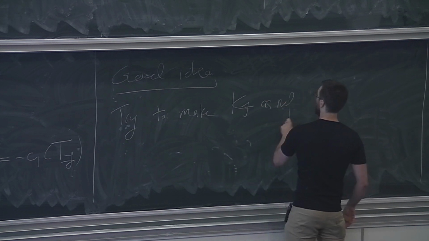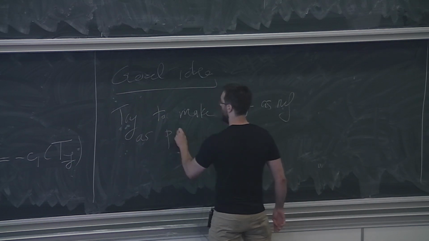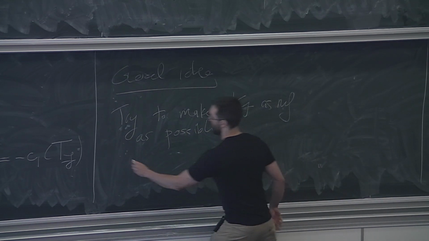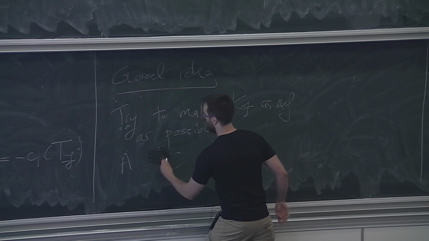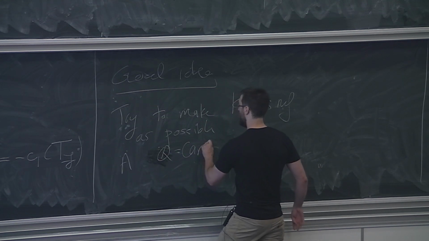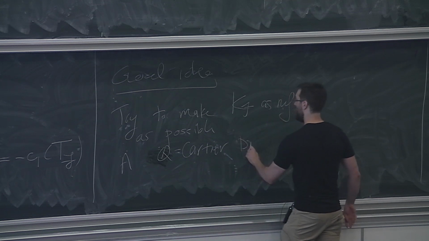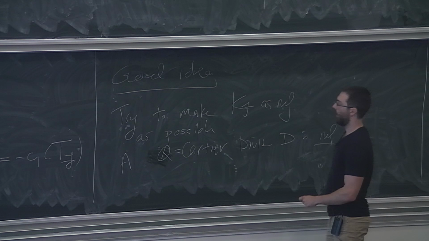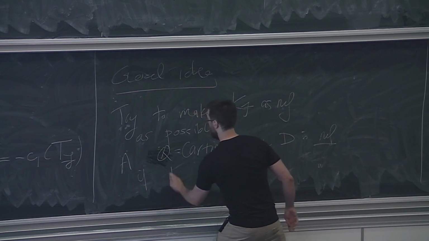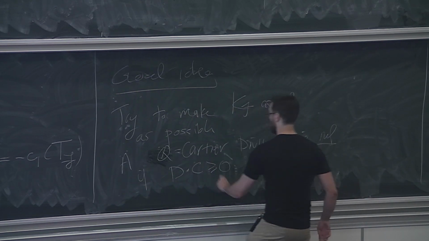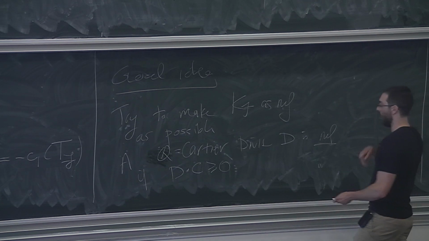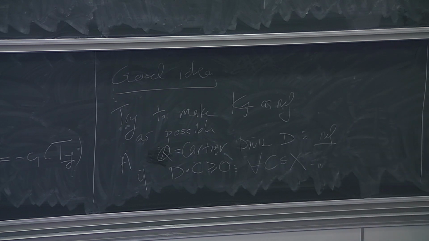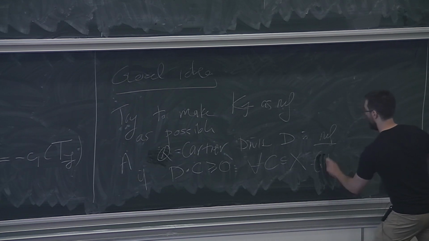Recall that a Q-Cartier divisor D is nef if D dotted with C is non-negative for all curves C contained inside X. And here we'll take X to be projective.